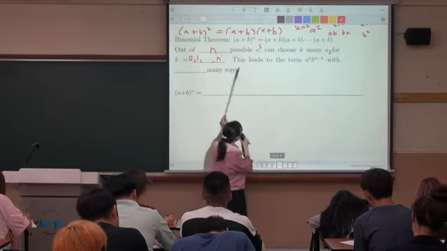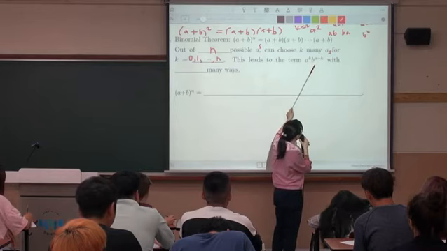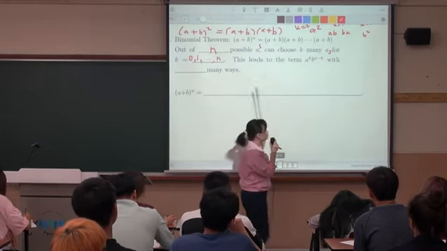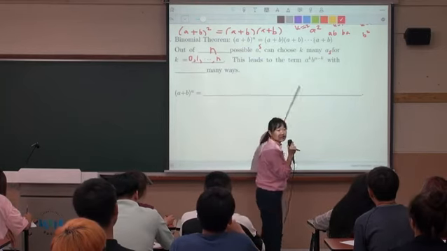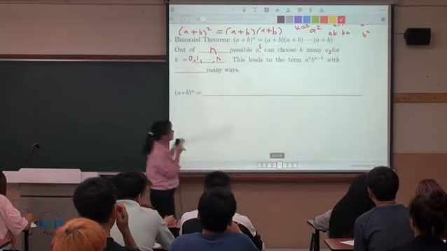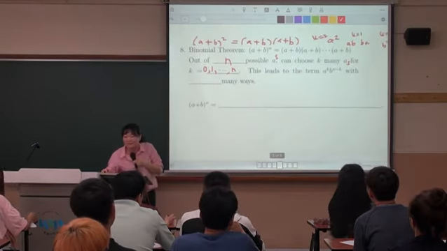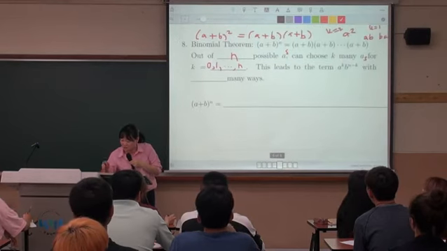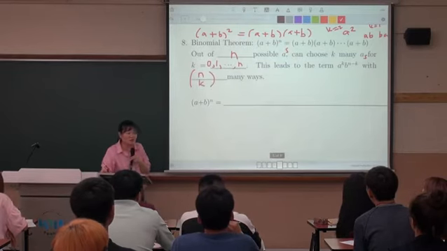So this leads to the term A to the K, B to the n minus K. 맞아요? Yeah. When I choose A K times, then B will be chosen n minus K times. With how many possible ways? So you did combinatorics? Combinatorics 하고 있죠? And choose K ways. And combination K.